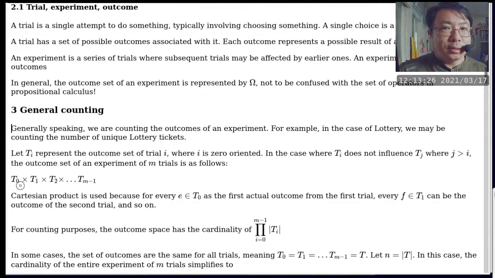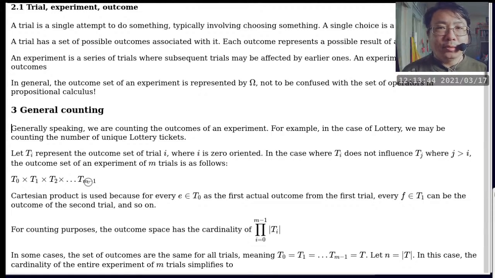Because it's just T0, which is representing all the outcomes of trial 0, Cartesian product with T1, the outcome set of trial 1, and so on. So that seems to be pretty simple.